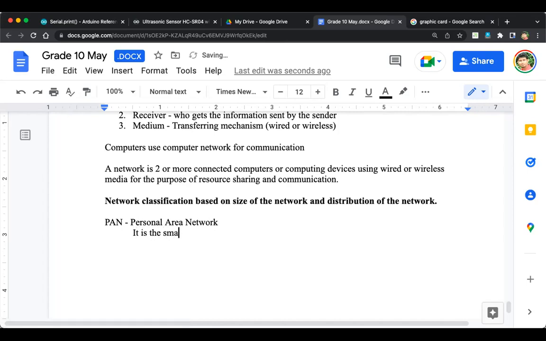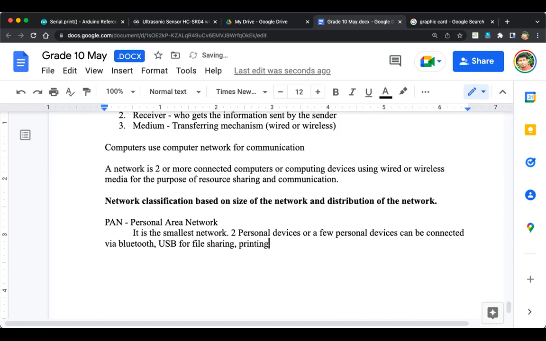It is the smallest network. Two personal devices or a few personal devices can be connected via Bluetooth or USB for file sharing, printing, or internet sharing.